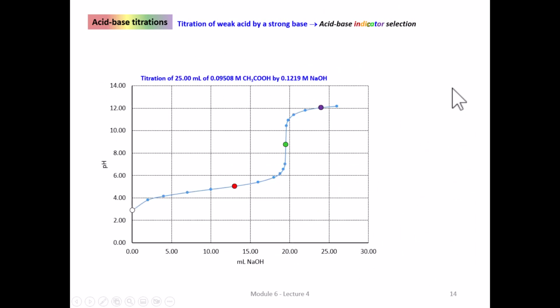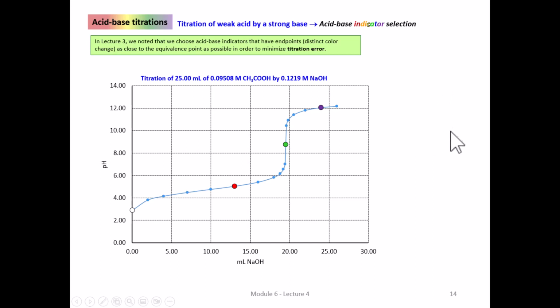Well, let's look at what indicators would be appropriate if we wanted to add an indicator. Again, as I mentioned before for this titration, when we look for an indicator, of course, we want the indicator to change color at the equivalence point. But when you see the titration curve, we can see a little better why these indicators would work.